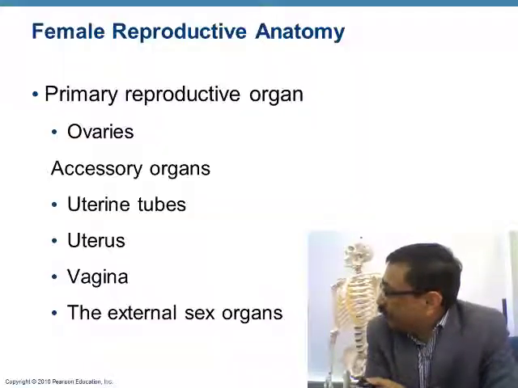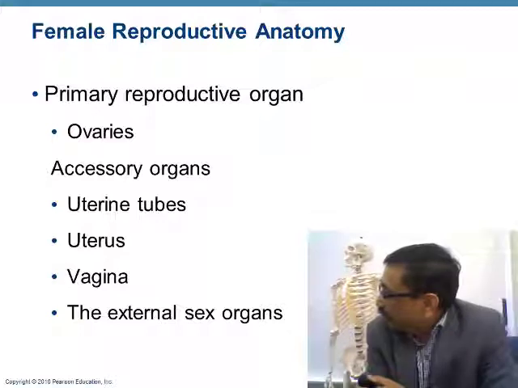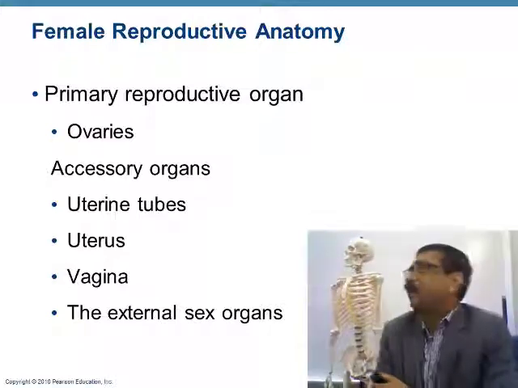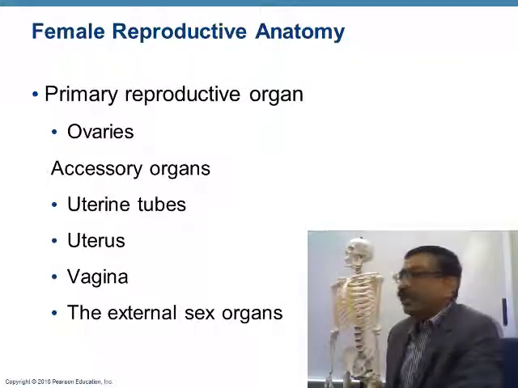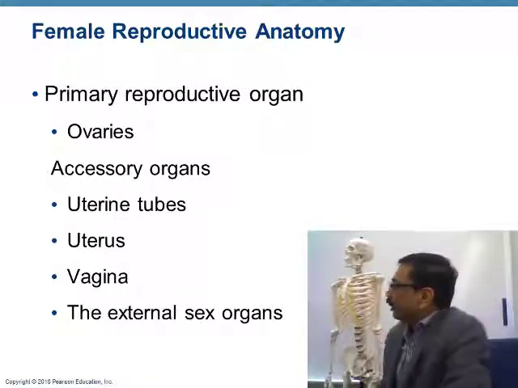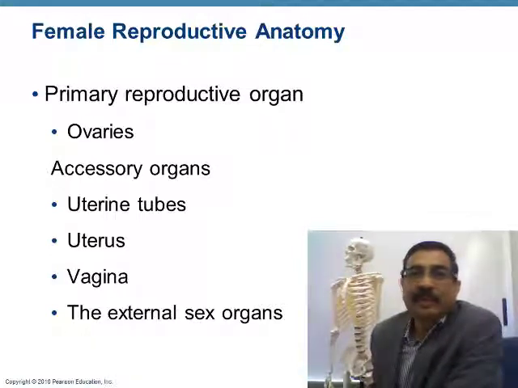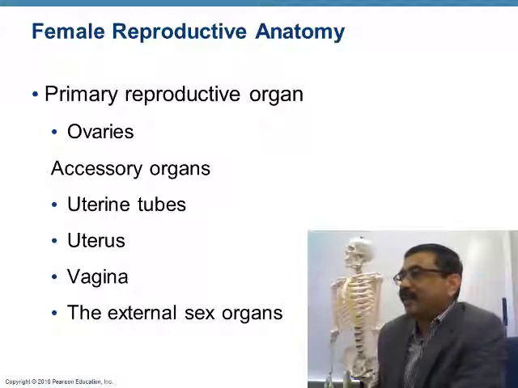So primary reproductive organs are ovaries. Then accessory organs or structures in the female reproductive system are uterine tubes, also known as fallopian tubes. Uterus. The uterus houses the fetus.